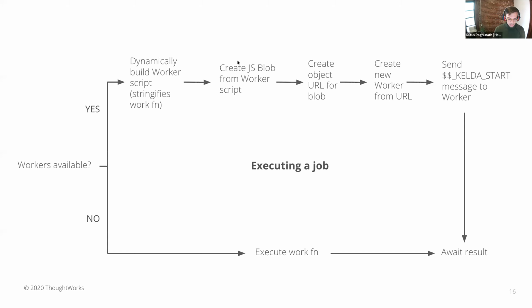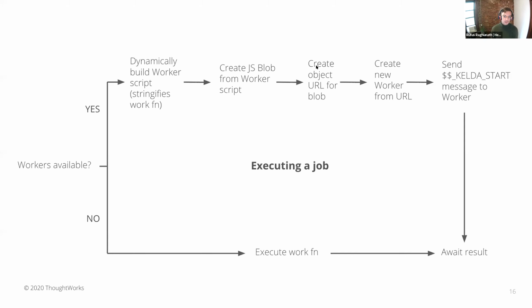Okay, so once we have the worker script, which consists partially of the generic Kelda worker recipe plus your work, we then create a blob object out of that long string. And then we can create an object URL for that blob, which is a way that the browser can create a dynamic local URL for some data.